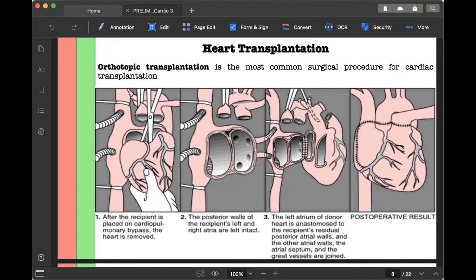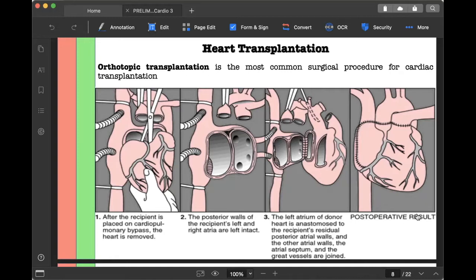After the venous or atrial anastomosis, I know you're familiar with anastomosis, it's like combining two tissues, is completed, the recipient's pulmonary artery and aorta are sutured to those of the donor heart. Patients who have had heart transplants are constantly balancing the risk of rejection with the risk of infection.